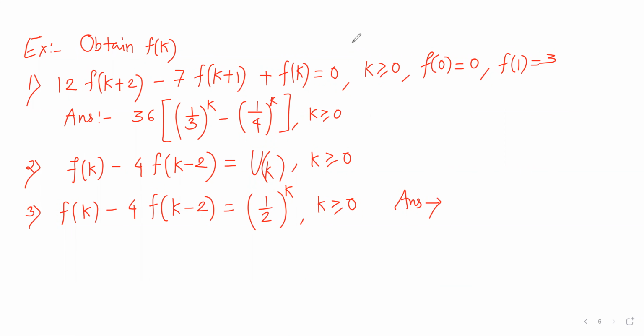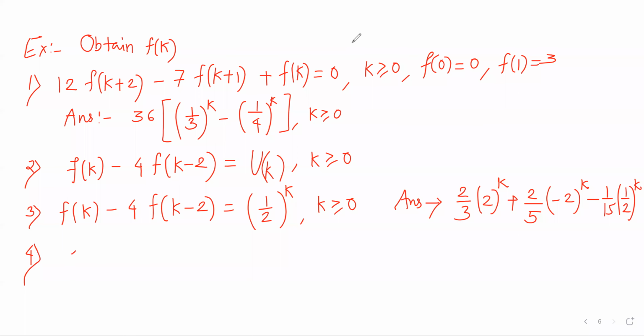Answer is 2 by 3 into 2 raised to k plus 2 by 5 minus 2 raised to k minus 1 by 15 half raised to k. Okay, positive. That way you'll get the answer.